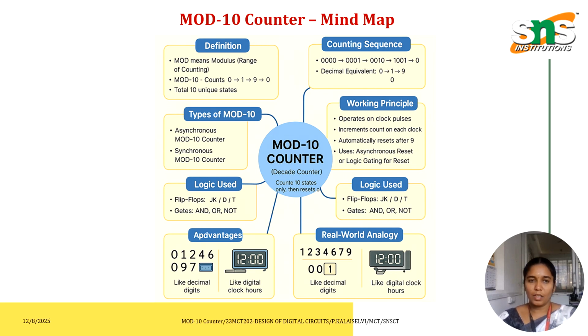We also saw which flip-flops are used, how the counting sequences are obtained, what the advantages of the MOD-10 counter are, and what its applications are. This is about MOD-10 counters.